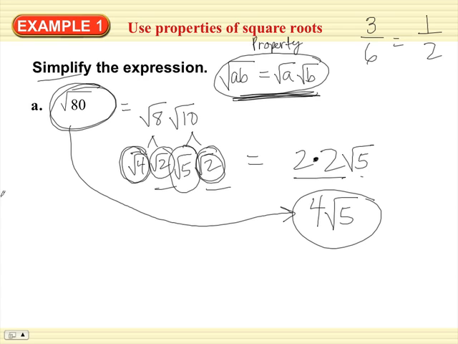All right, now, how do you know you're right? Because some people get this wrong. Let's try our calculator. Here's what I want you to do. Type in square root of 80 in your calculator. See what the decimal is. And then type in 4 times root 5.